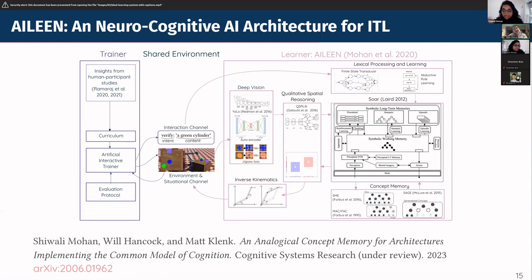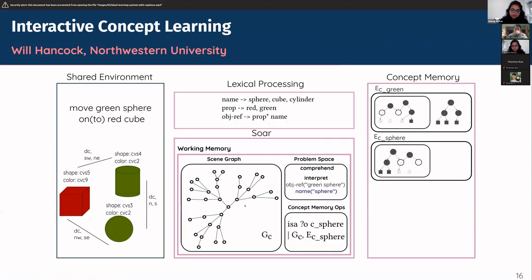And if it does, let me elaborate my current perception and say, well, this specific object is green, right? So it's using its concept memory to then figure out, organize its experience, and then figure out which part of this experience actually applies as it's trying to comprehend the instruction. So we can ground this out a little bit more. And this might get a little dense, so please stop me if you're not understanding.